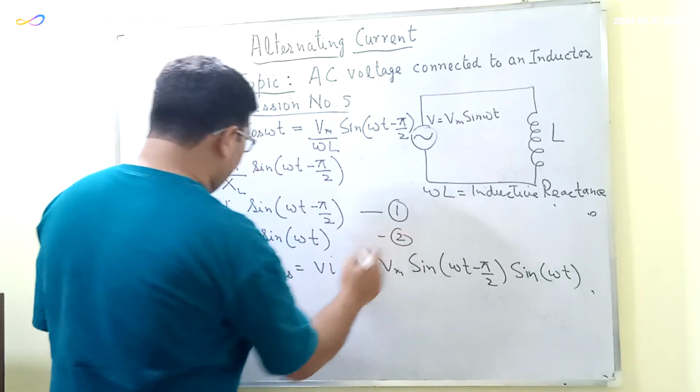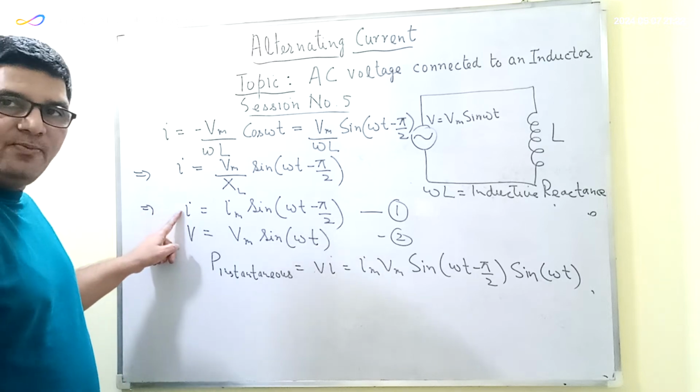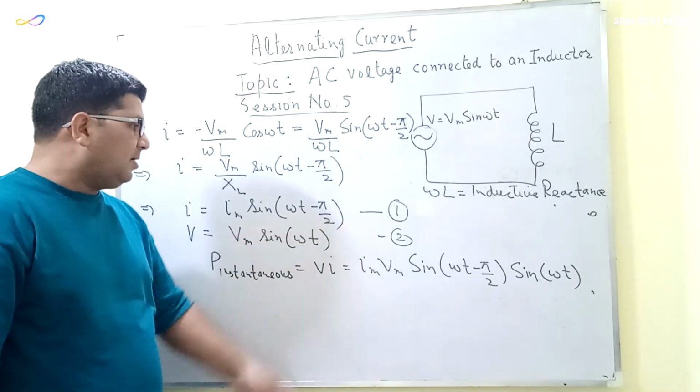This is the instantaneous power, obtained by multiplying the values of V and I from equations 1 and 2.